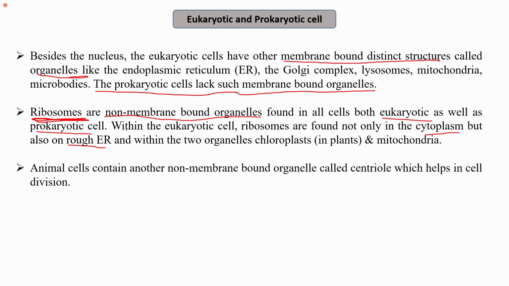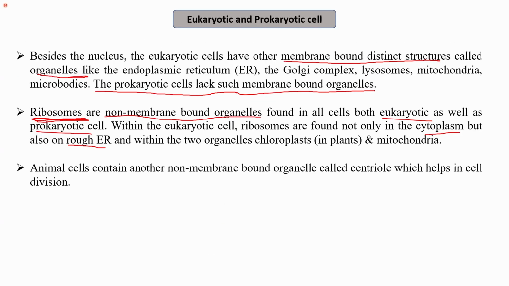However, ribosome is present in both the eukaryotic and prokaryotic cells, since it is a non-membrane-bound organelle. And its function is that it plays an important role in protein synthesis.